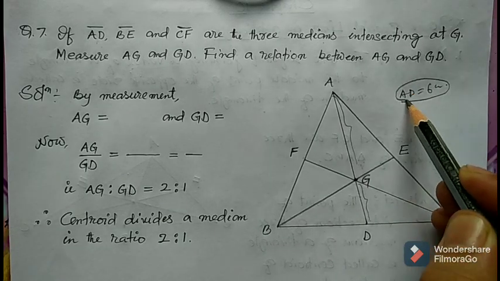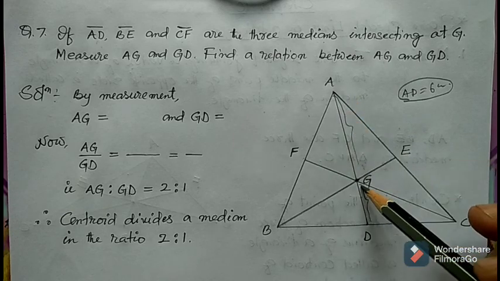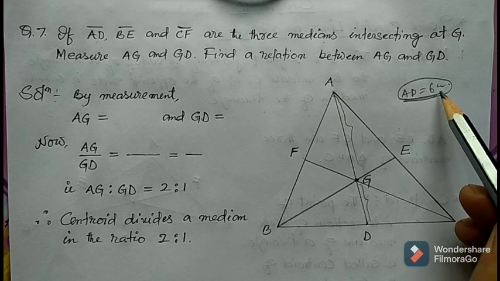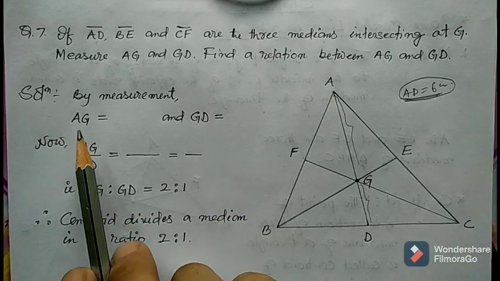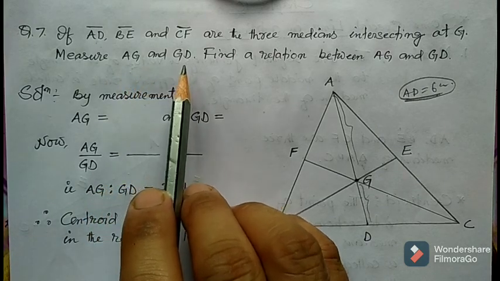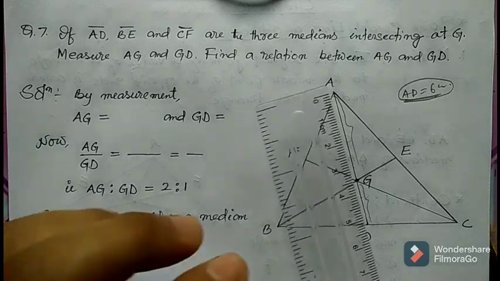You can take any length, but to easily establish the relation between AZ and ZD, draw AD taking 6 centimeter. Then by measurement, we are asked to measure the lengths AZ and ZD. So let's measure and see how long AZ and ZD are.